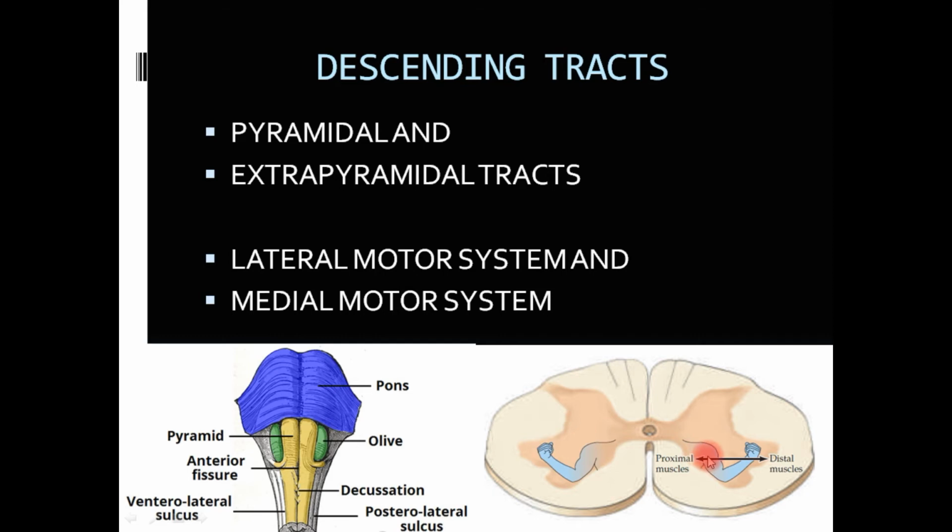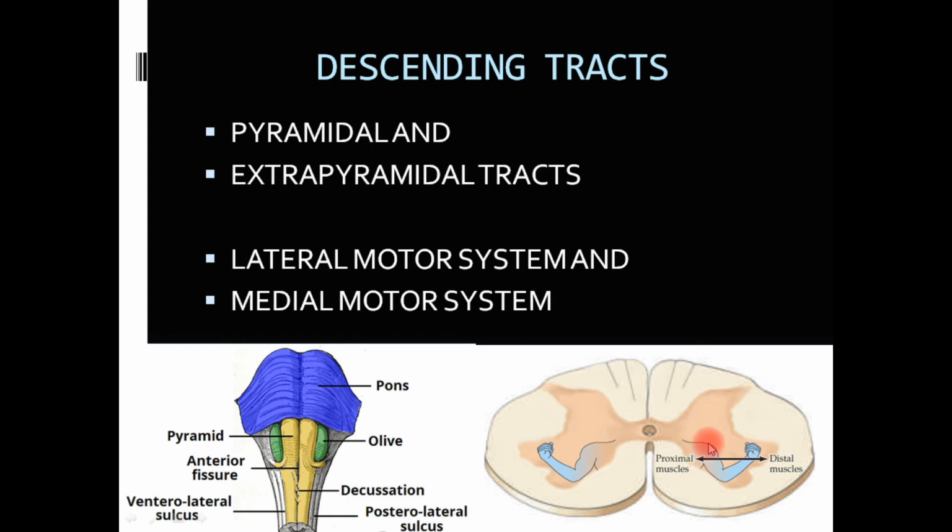As you would have understood, the lateral portion of the anterior gray horn is responsible for the movement of distal muscles, and the medial portion of the anterior gray horn is responsible for the contraction of the proximal muscles and the axial muscles, which maintain posture.